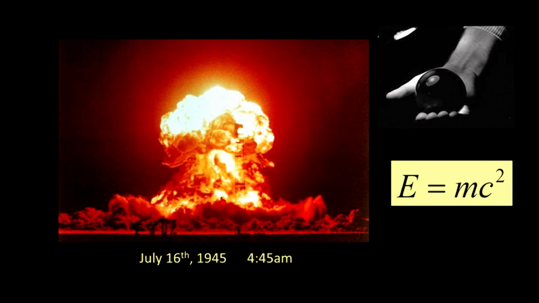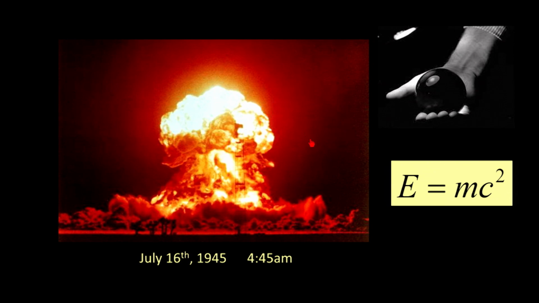The temperature inside of this explosion is millions of degrees. The energy released by this explosion wipes an entire city off the face of the earth. Atomic weapons are very, very powerful. And so what they were able to show is that a small amount of mass truly does become an enormous amount of energy. And this led to the nuclear weapons program that we still have to this day. The most powerful weapons on Earth are by far nuclear weapons.